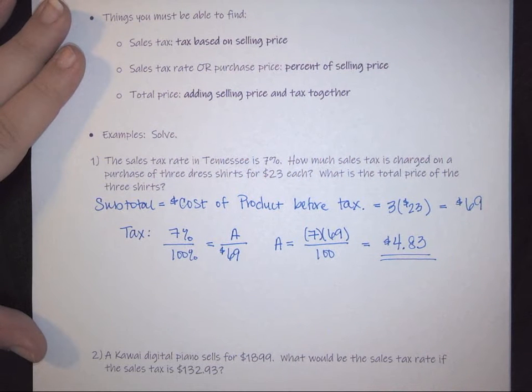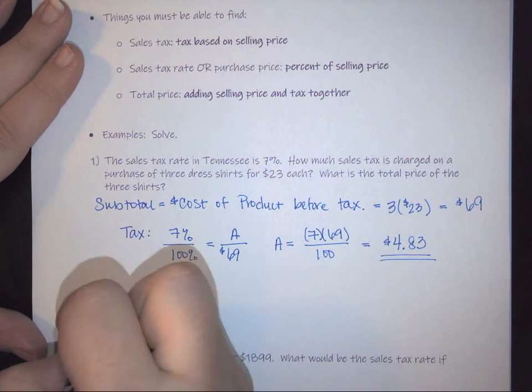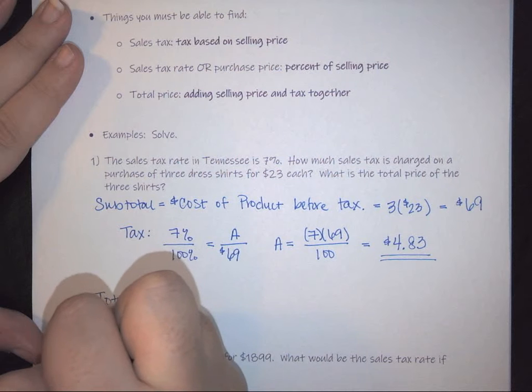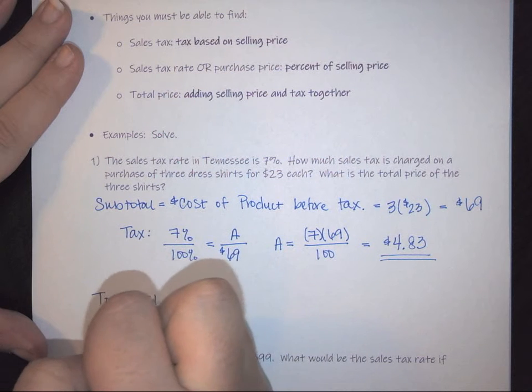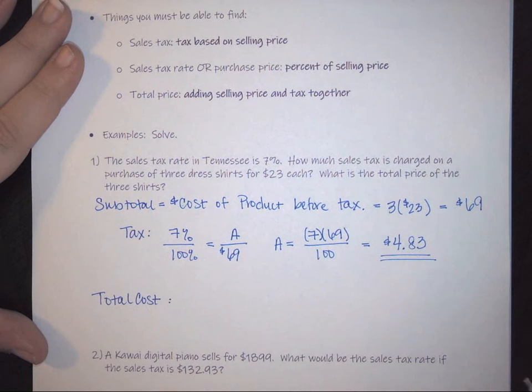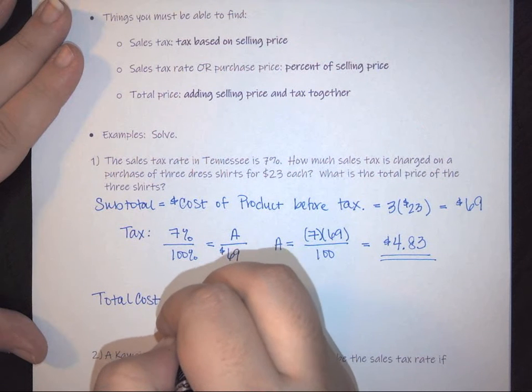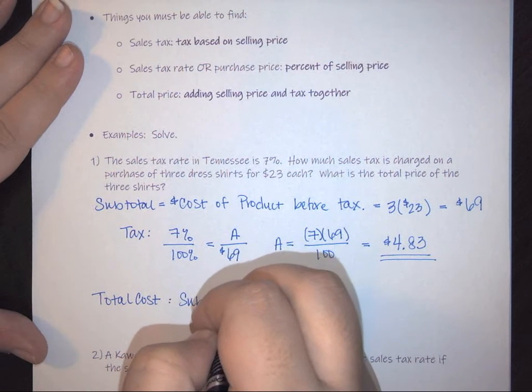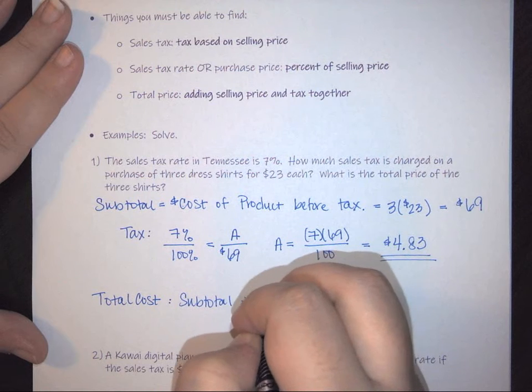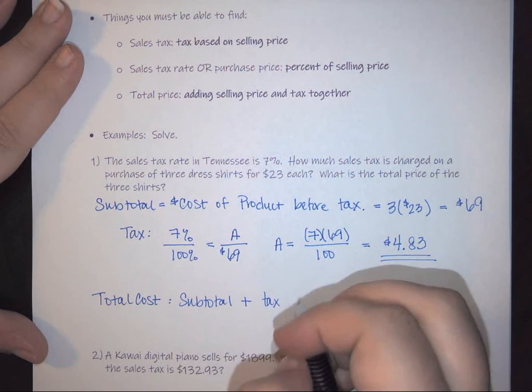What is the tax? The second part of the problem wants to know your total cost. Well, to find total cost says that we have to take your subtotal and add your tax to it.